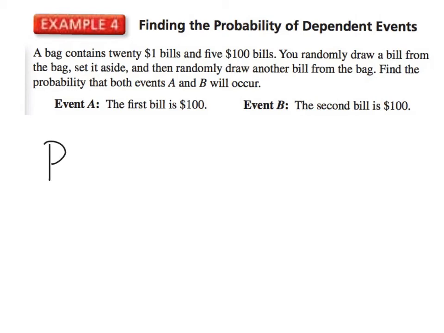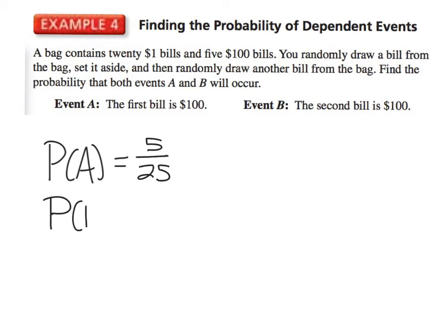So we start with the probability of A. What is the probability that the first bill is going to be 100? Well, we know that there are 25 bills total, and 5 of them are 100. So it's going to be 5/25. The probability of event B, now, see what I just did there? That's incorrect.